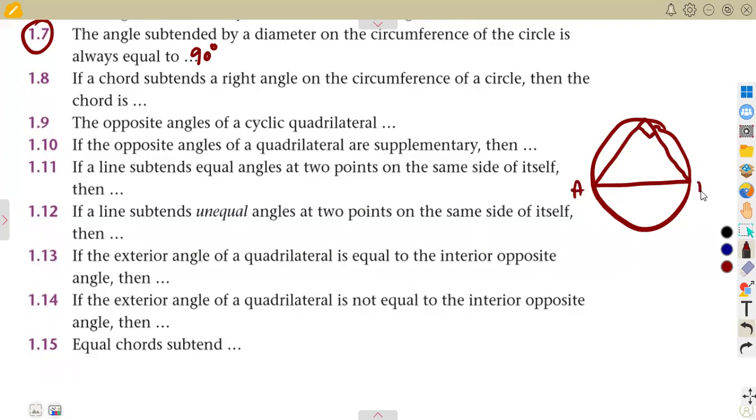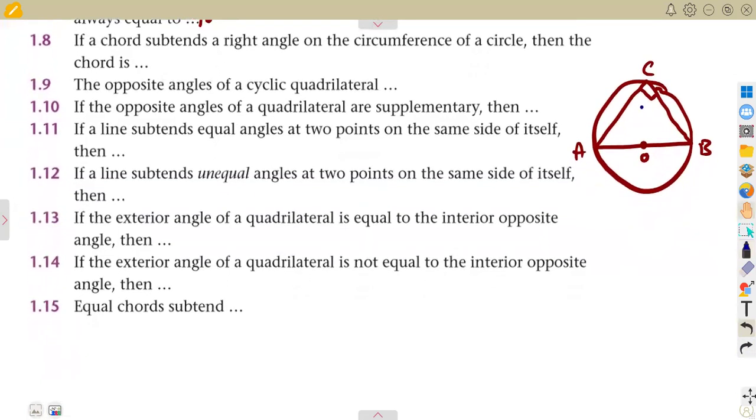If AB is the diameter of the circle, then it follows that ACB is 90 degrees. It can also be on this side, as long as it is created by the diameter. It is going to be 90 degrees at the circumference of the circle. So that was our question on 1.7.